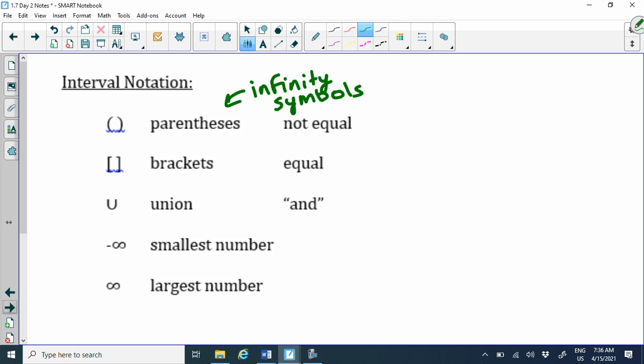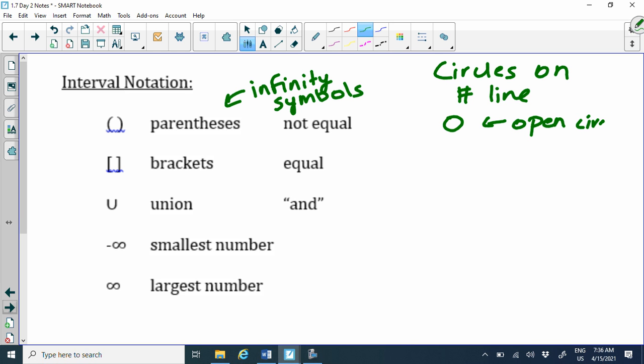Now, when we do our, on the number line, let's talk about what happens with our circles, because this is going to go back to when we did piecewise functions and when we had open and closed circles. So circles on the number line. Okay, so if we have parentheses meaning not equal, that means we are going to have an open circle, just like when we did piecewise functions.